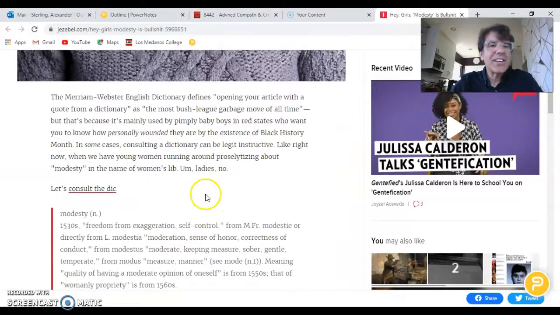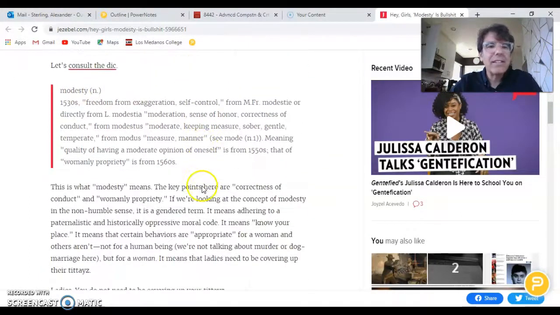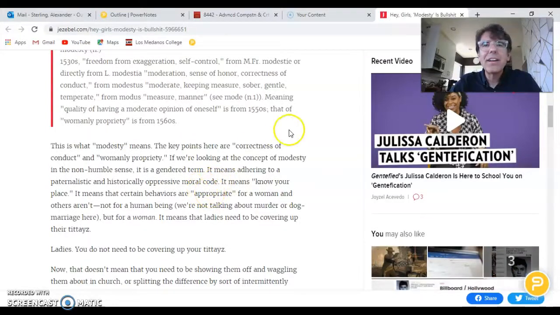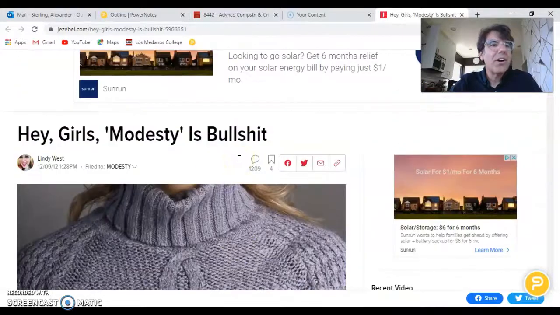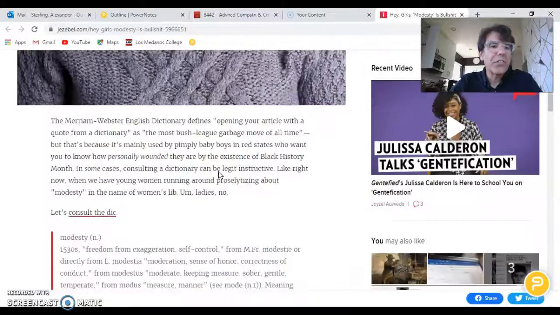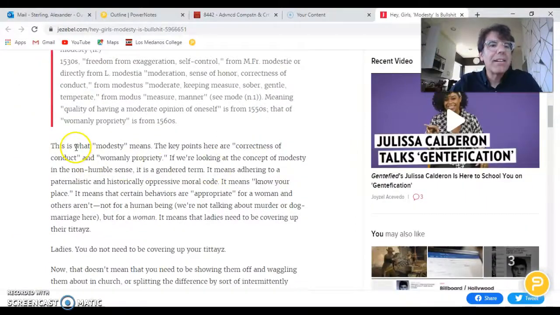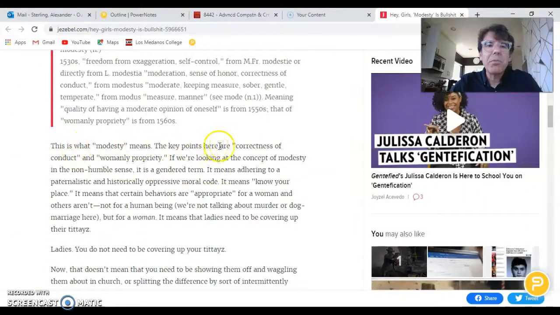So she uses a dictionary definition of modesty. Who's our author again? Lindy West. So West writes, this is what modesty means. The key points here are correctness of conduct and womanly propriety.